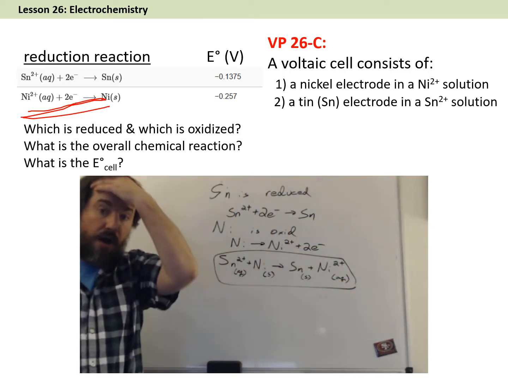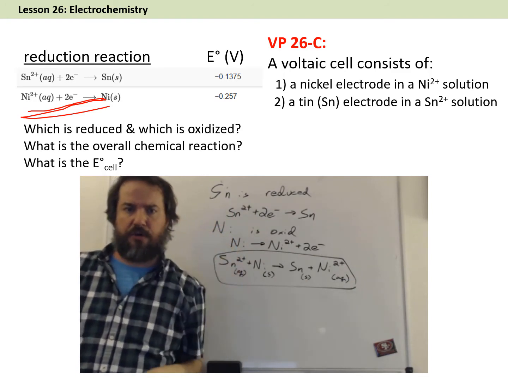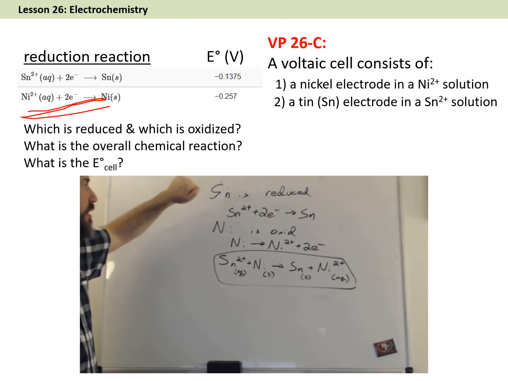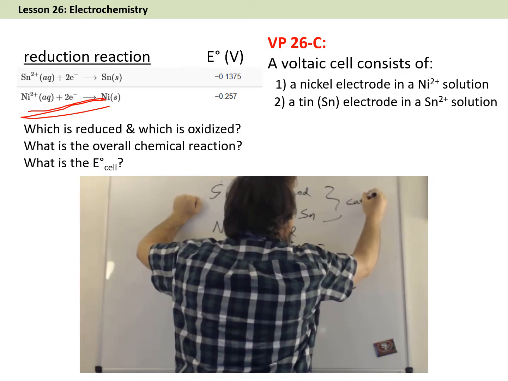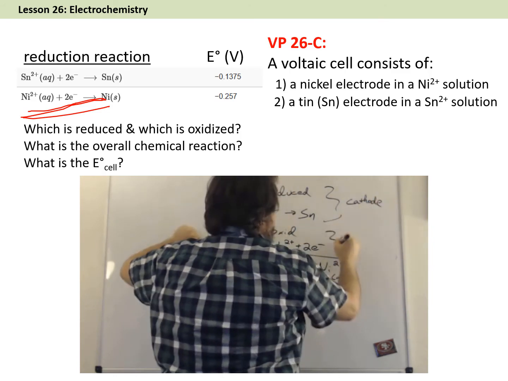Okay, now what is the cell potential? The cell potential is always the one that gets reduced, the cathode, minus the anode.